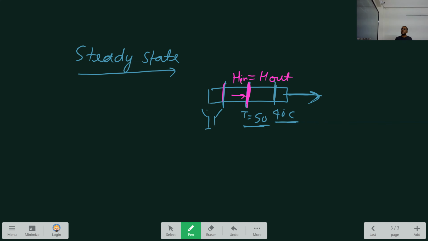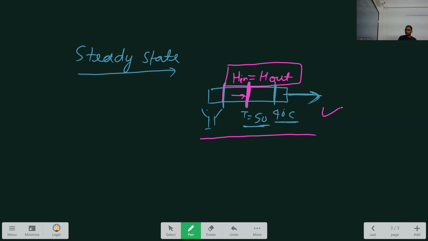So in steady state, incoming heat is equal to outgoing heat. This is a very important point, and we are going to use it. The body will not absorb any more heat. All laws of conduction are applied on steady state, so you might also need to note this point.